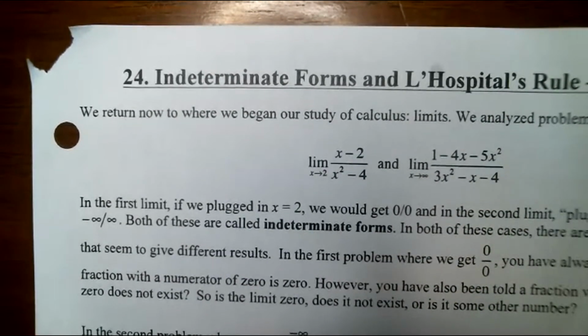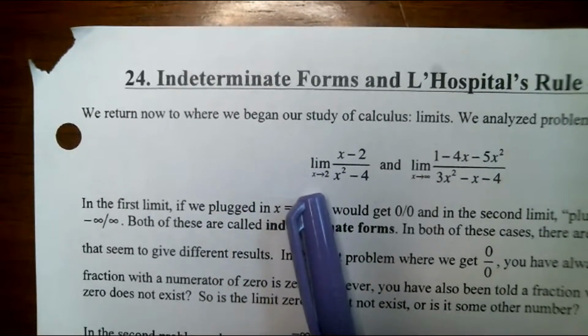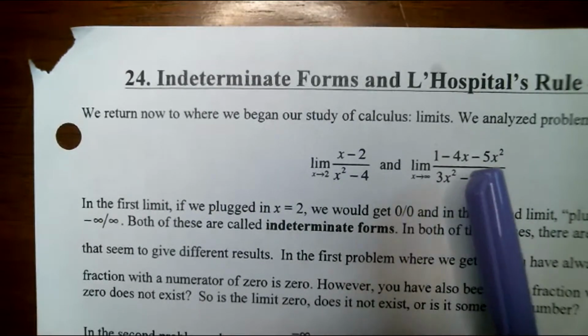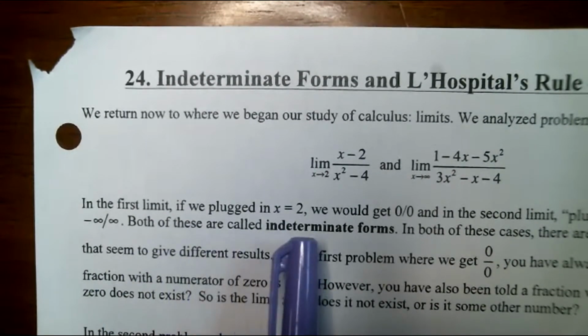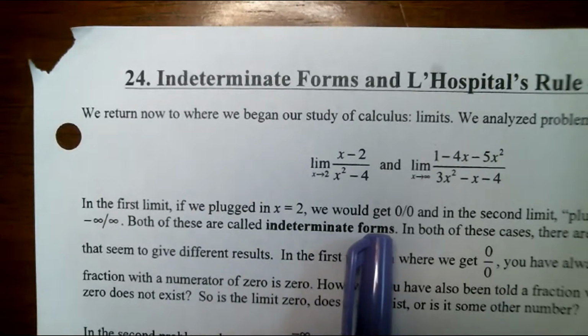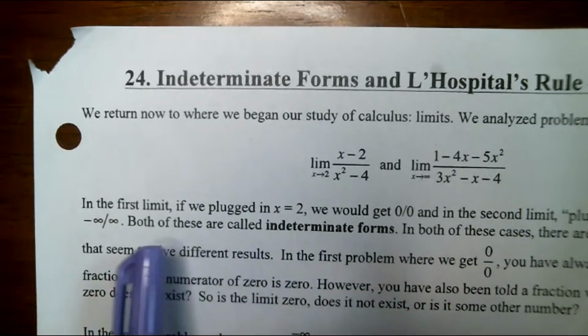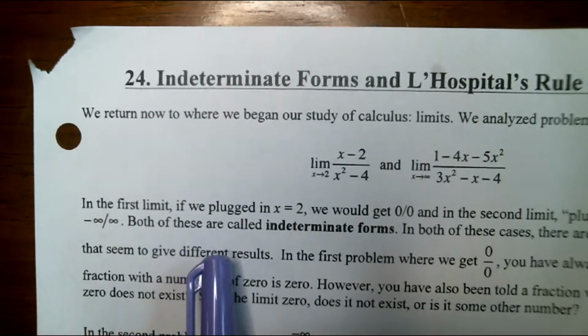We analyze problems like the limit as x approaches 2 of (x minus 2) over (x squared minus 4), and the limit as x approaches infinity of (1 minus 4x minus 5x squared) over (3x squared minus x minus 4). In the first limit, if we plugged in x equals 2, we would get 0 over 0. And in the second limit, plugging in infinity gives negative infinity over infinity. Both of these are called indeterminate forms.